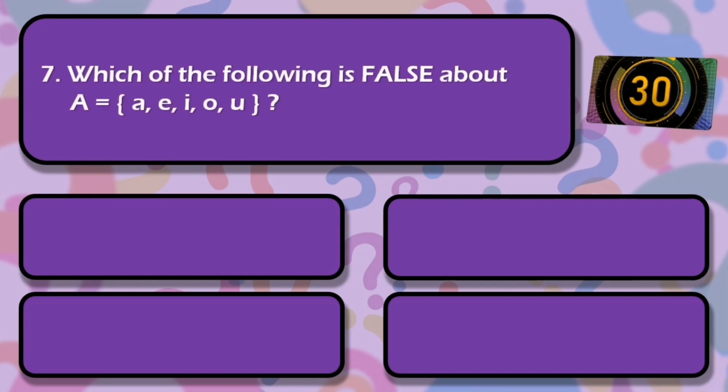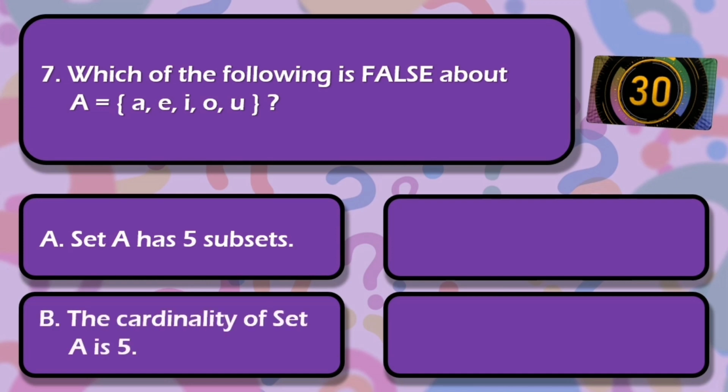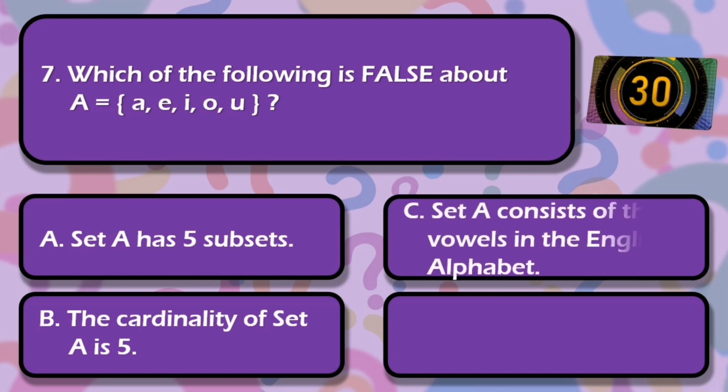Number 7. Which of the following is false about set A with elements A, E, I, O, U? A. Set A has 5 subsets. B. The cardinality of set A is 5. C. Set A consists of the vowels in the English alphabet.